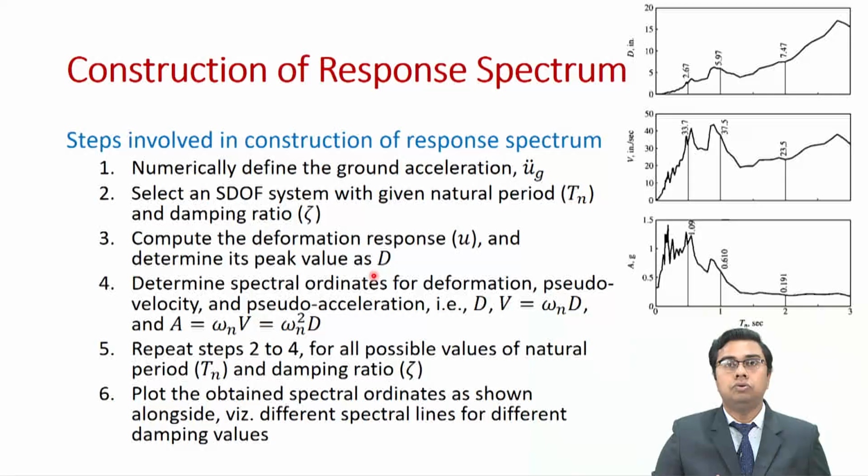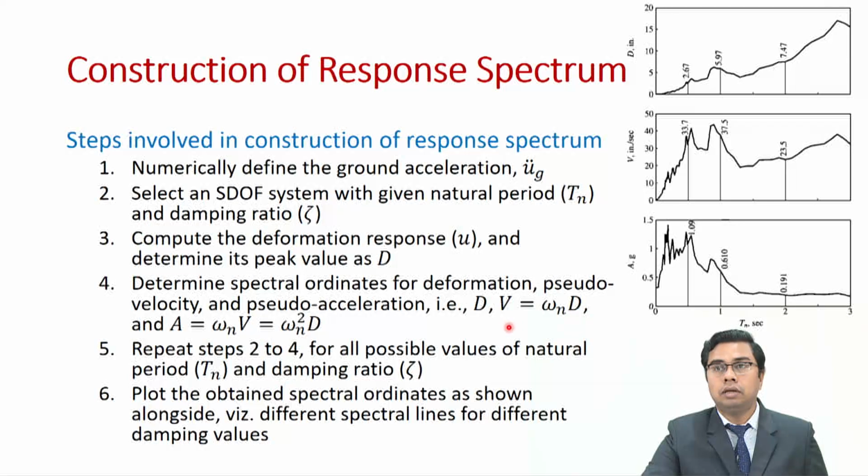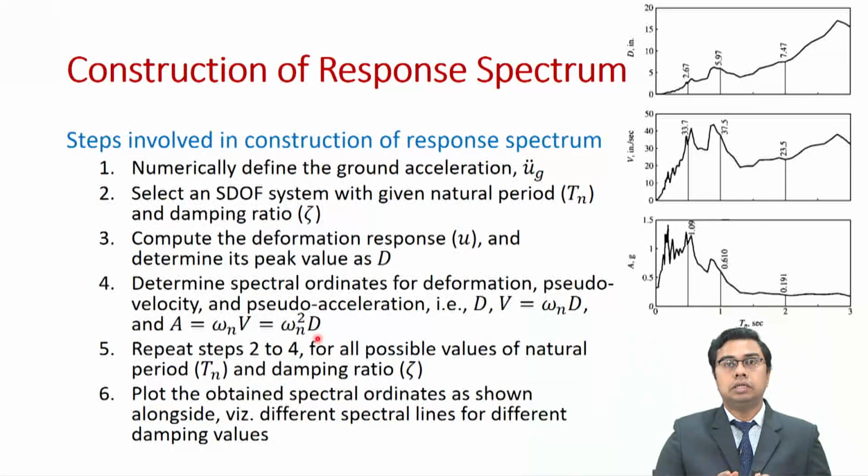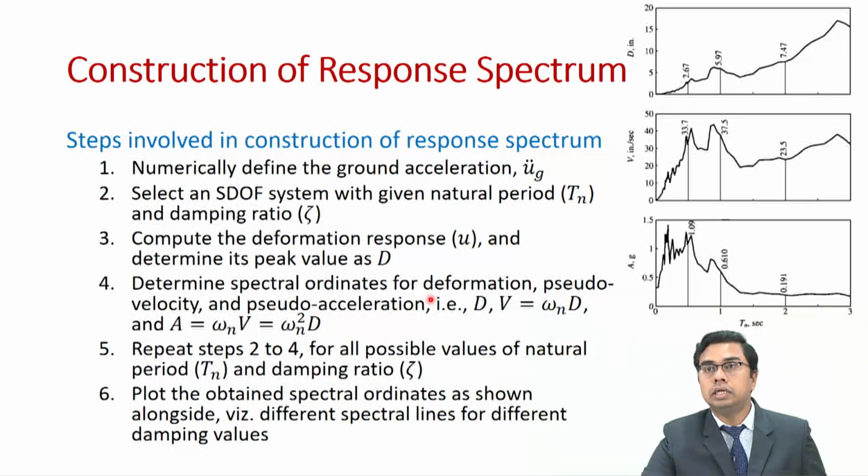Now, we will define 2 more quantities, and one of them is V, which is omega n times D, that is the cyclic natural frequency multiplied with D, and the second quantity is A, which is cyclic natural frequency multiplied with V, or the square of cyclic natural frequency omega n square multiplied with D. Now, these quantities are respectively called pseudo velocity and pseudo acceleration.